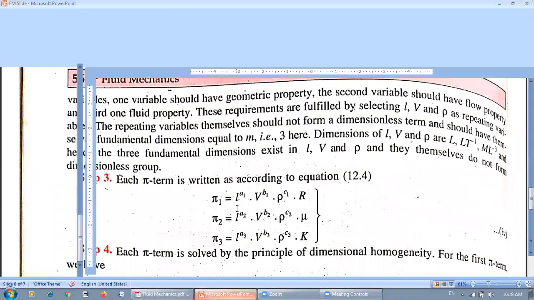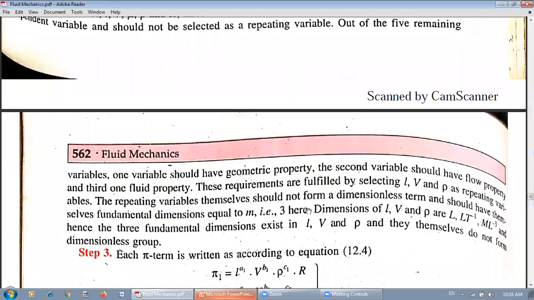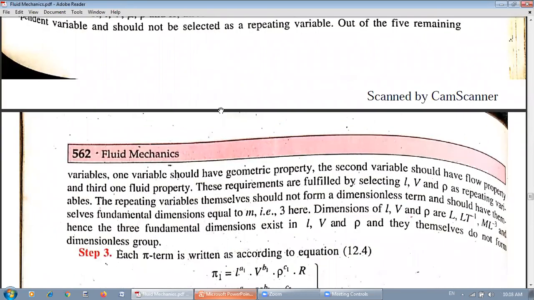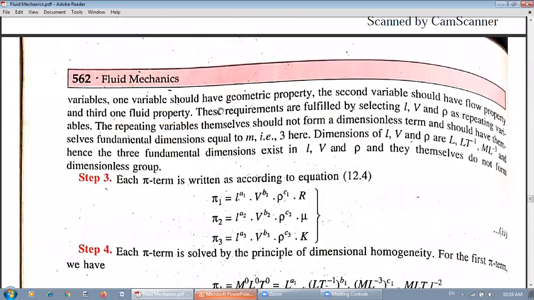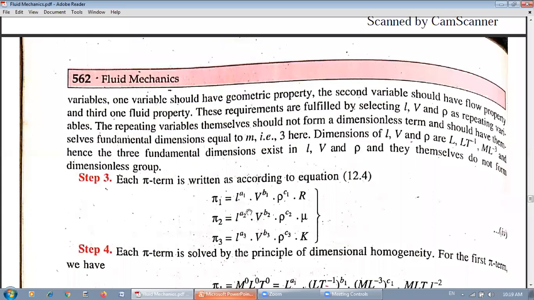And the third one is viscosity, density and angular velocity. They have both viscosity and density. So you can take either viscosity or density. Suppose there are two fluid properties, viscosity and density. If both these variables are there in your total number of variables, you can take one.